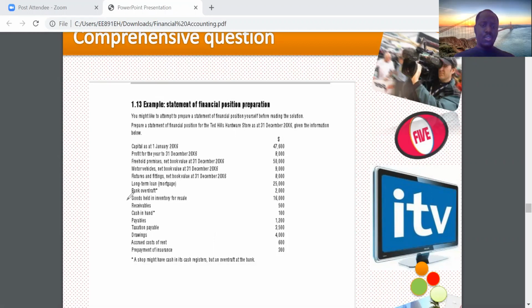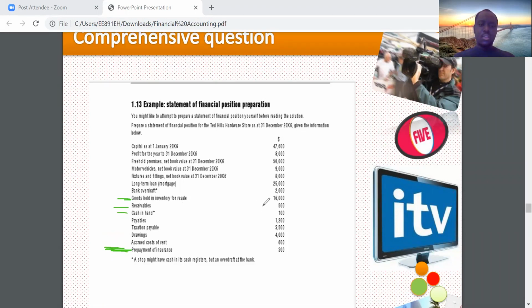Goods held in inventory for resale, right here, 16,000. You have receivables as well. You have cash in hand as well. And you have prepayment. It's also a current asset. Anything you are prepaying is also a current asset.